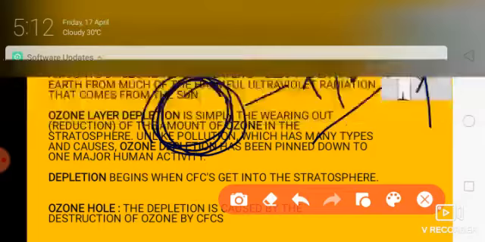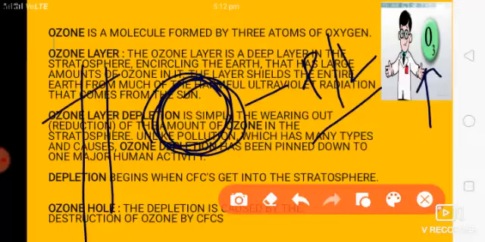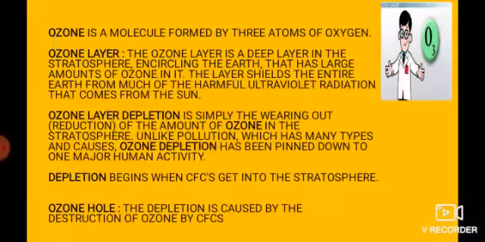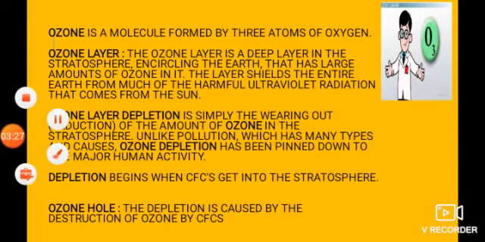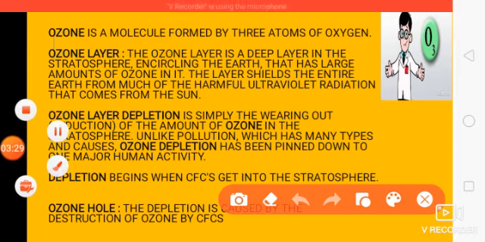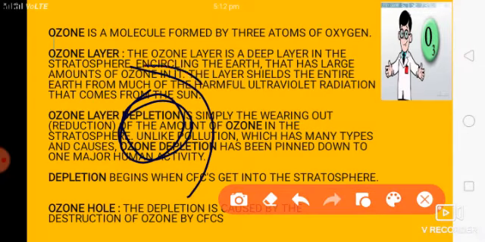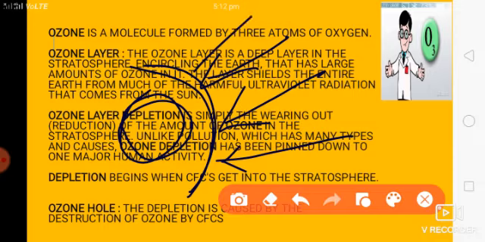We have different layers of air, we say atmospheric layers. In the stratosphere, we have one layer that is called the ozone layer. It is also known as a protective blanket because our earth gets protected from the deadly or harmful UV rays through this ozone layer only.